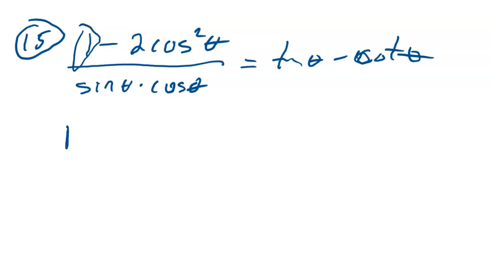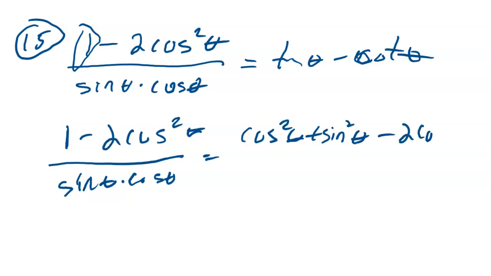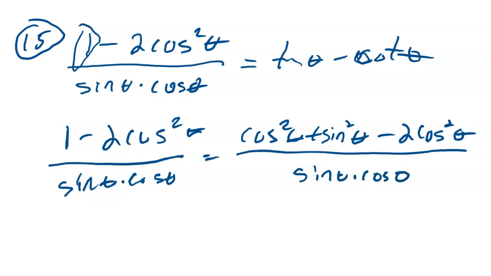So I'm going to say 1 minus 2 cosine squared theta over sine theta times cosine theta. I know 1 is equal to cosine squared theta plus sine squared theta, minus 2 cosine squared theta, all over sine theta times cosine theta.